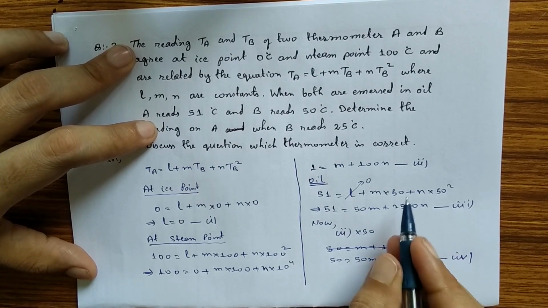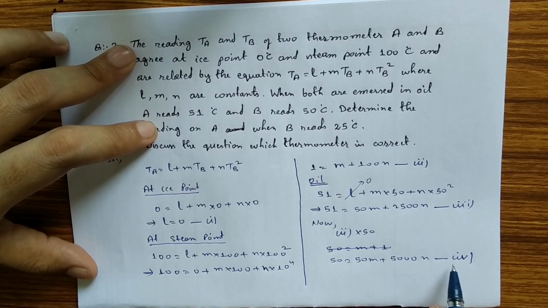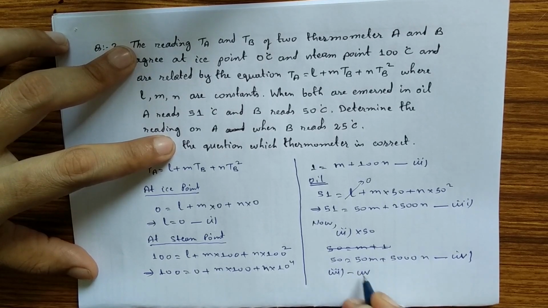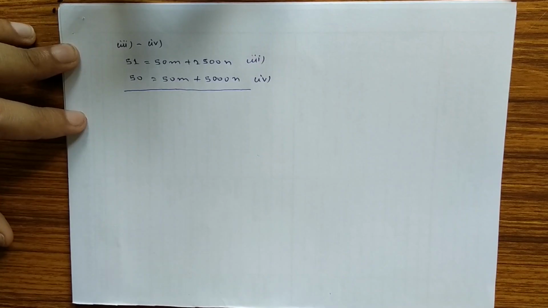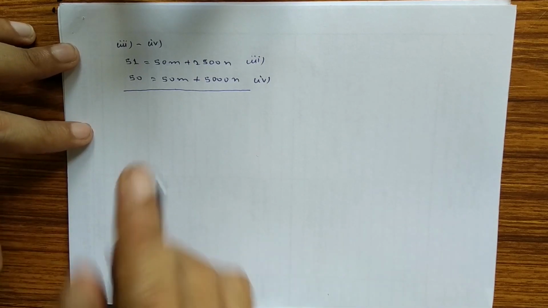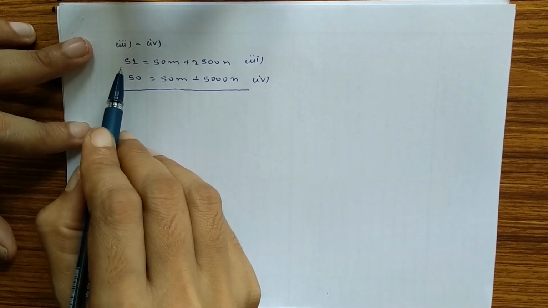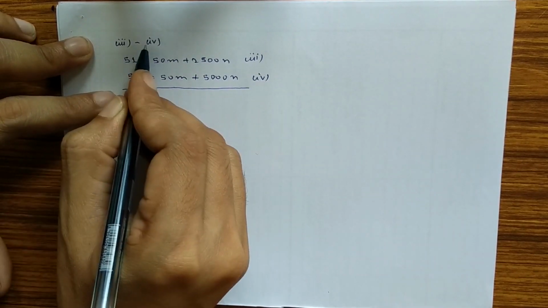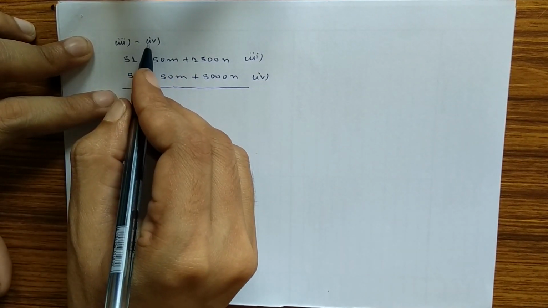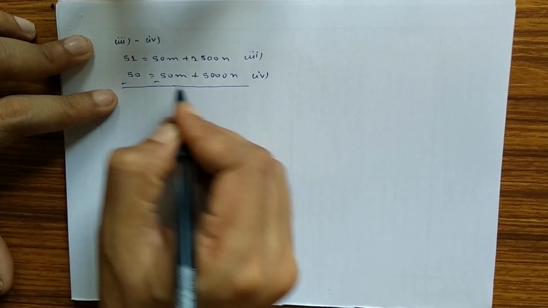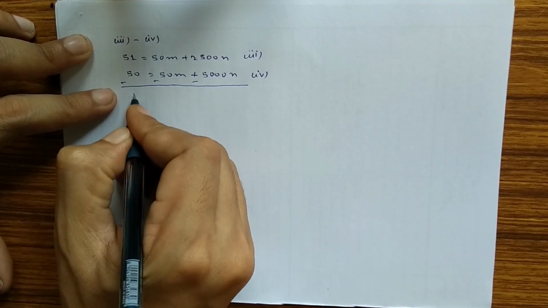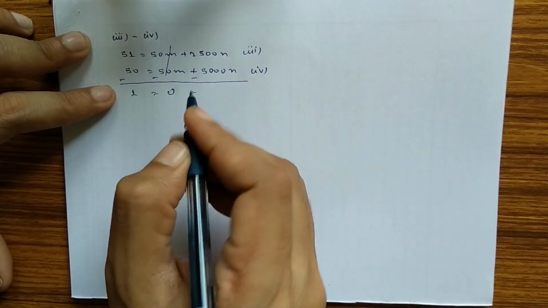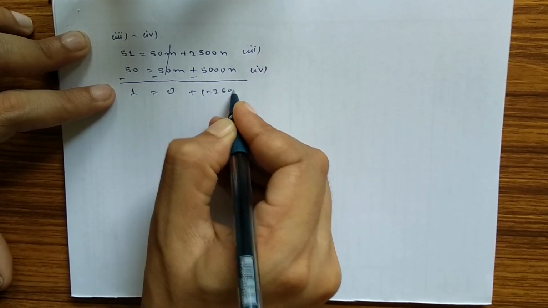Now subtracting equation 4 from 3, we get equation 3 minus 4. If from equation 3 we subtract equation 4, we get 51 minus 50, that is 1. 50M will cancel out, and 2500 minus 5000 is minus 2500N.